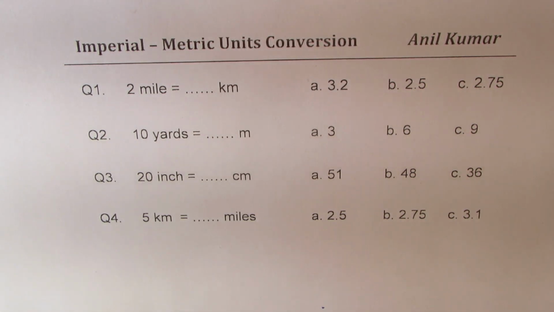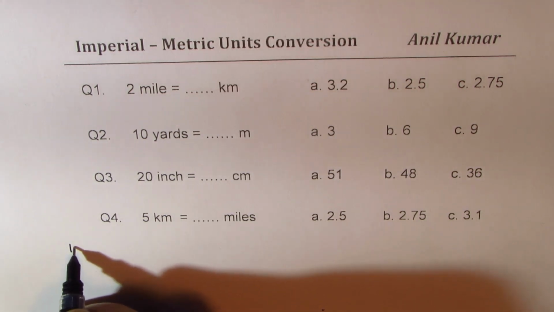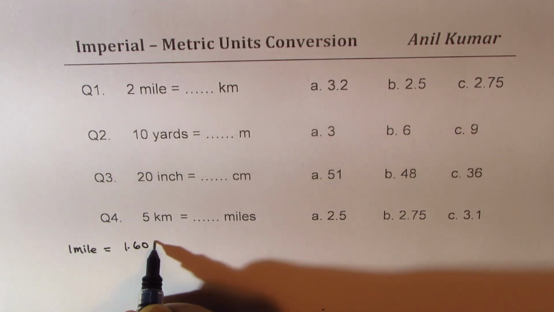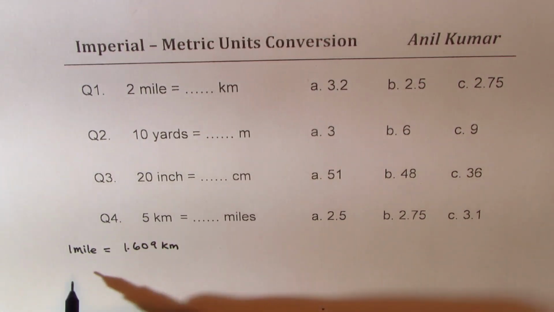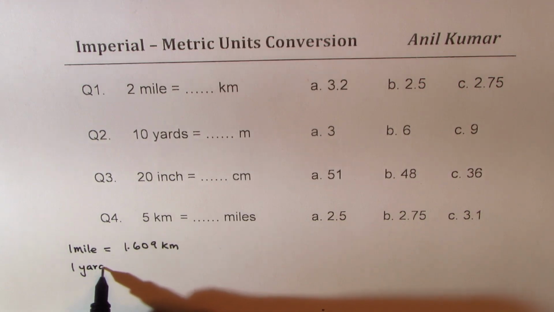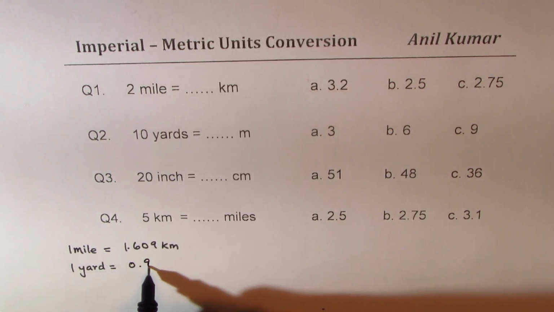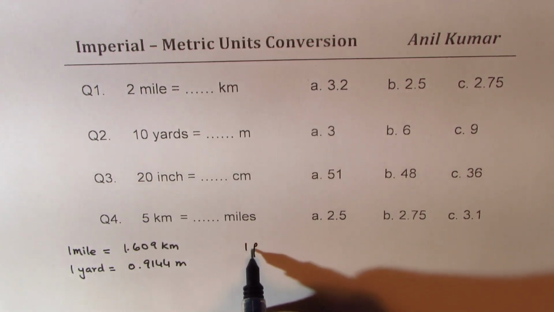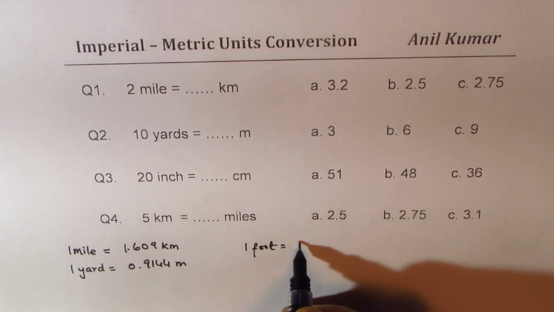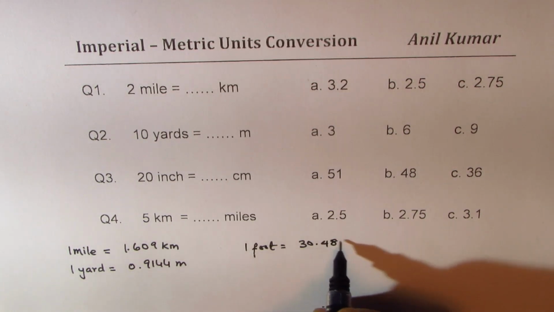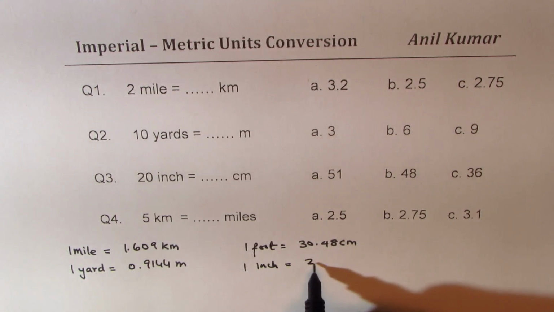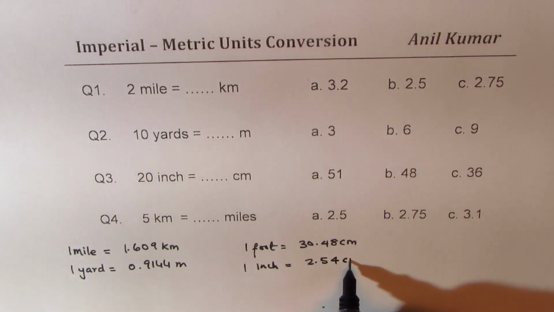conversion factors, so let me write them down for you. So we know that 1 mile is equal to 1.609 kilometers. 1 yard is equal to 0.9144 meters. 1 foot is 30.48 centimeters. 1 inch is 2.54 centimeters.